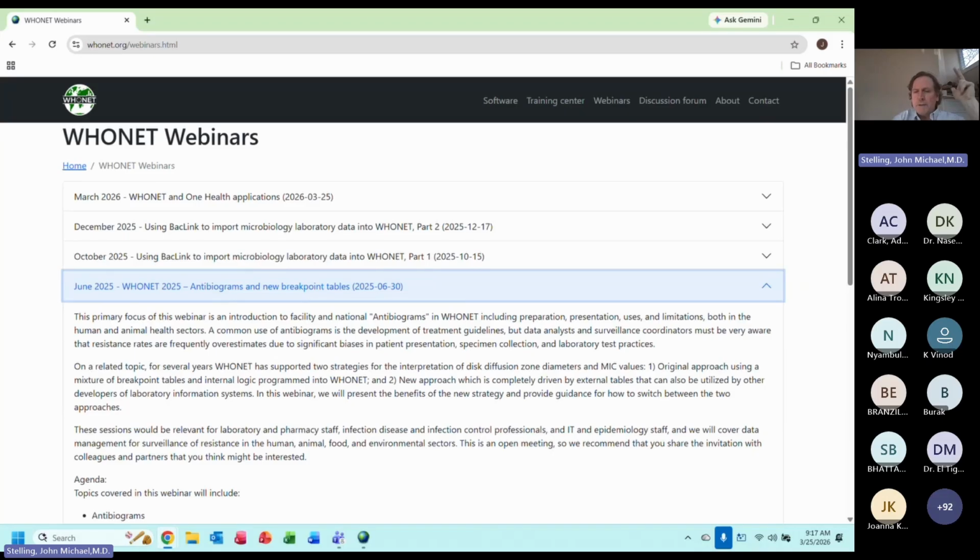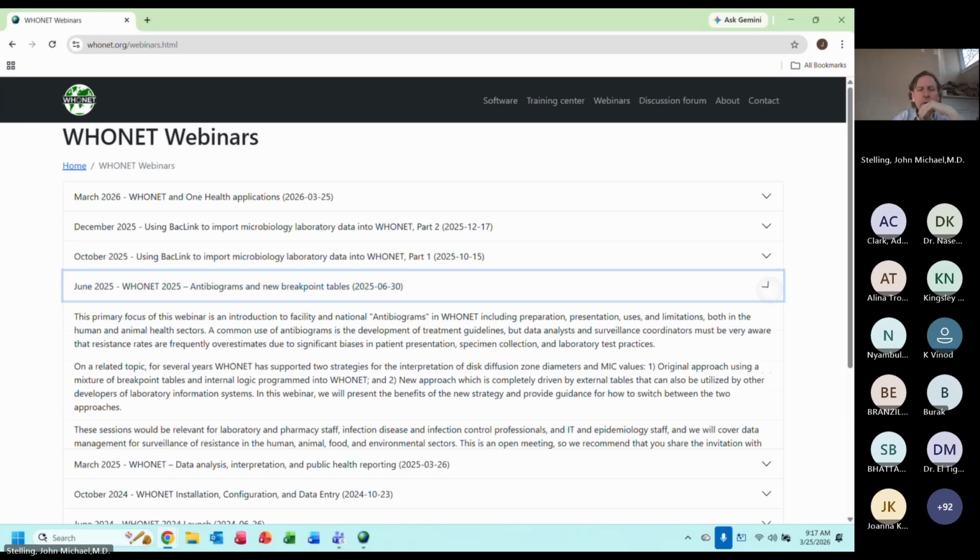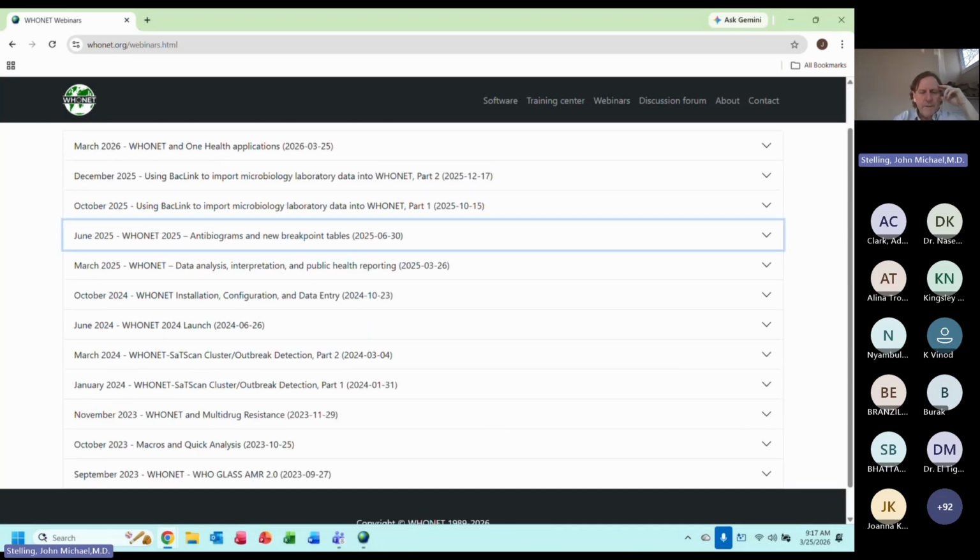We can combine disc and MIC tests, which is very important, but we cannot yet combine between similar antibiotics. Some of the features I described today are here under WHONET installation, configuration, data entry. The focus of today was to try to focus on some of the non-human elements, but a lot of what I said today has already been covered in some of these other webinars.